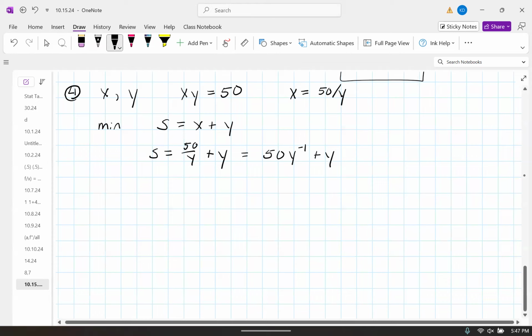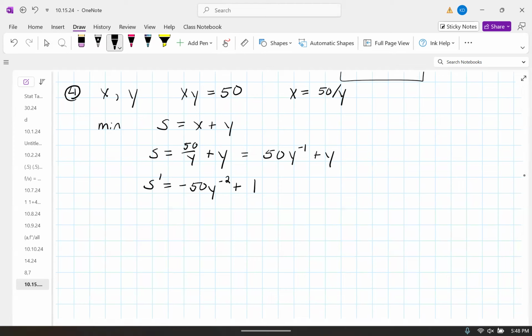We're minimizing the sum. One of those is going to go away, one is not. So S prime is negative 50 y to the negative 2 plus 1. We're going to set it equal to 0 again.